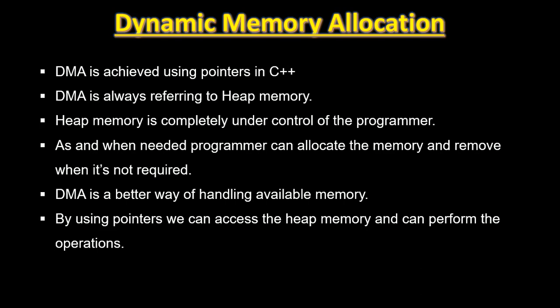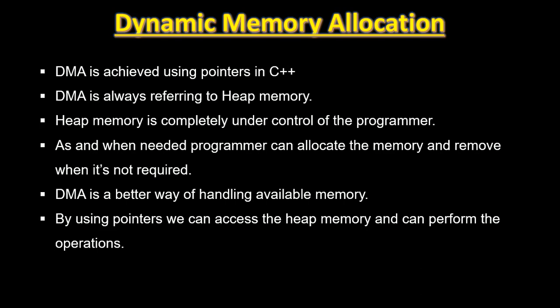If you create any local variable inside a function, it will get memory in the stack segment, and the life of that variable will be till the end of that function. If you create a variable globally, it will get memory in the data segment, and its life is throughout the program lifetime.